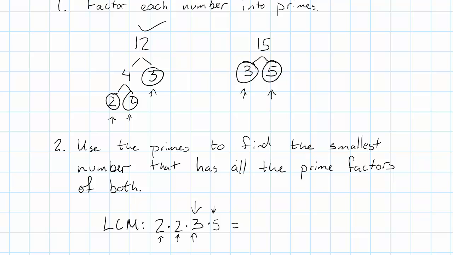What does this give me? You can use a calculator to do this multiplication if you'd like, or do it in your head if it's easy enough. I believe this works out to 60. Right.